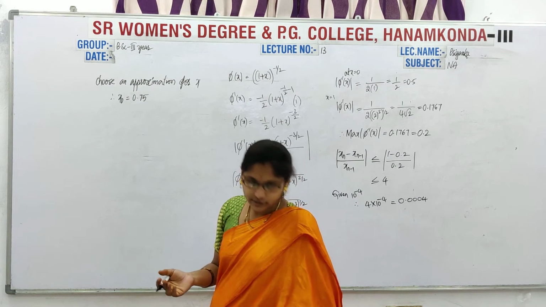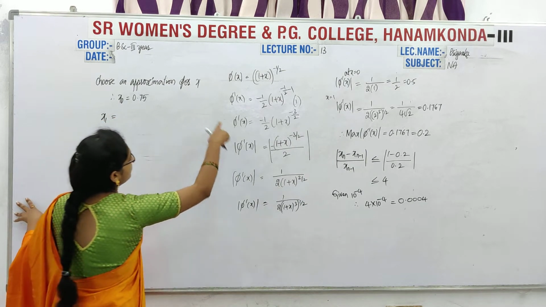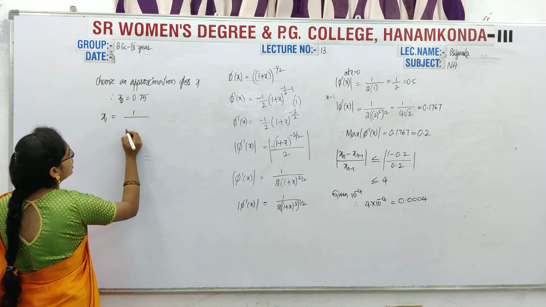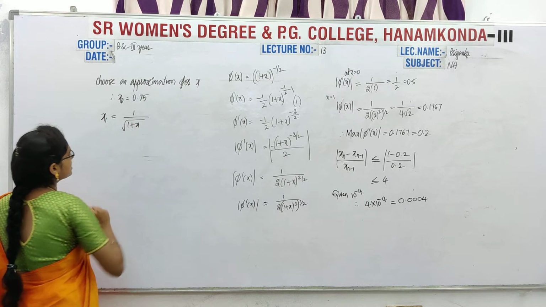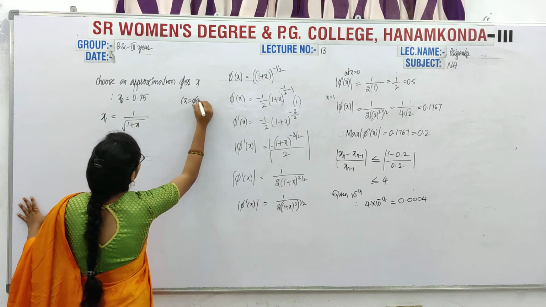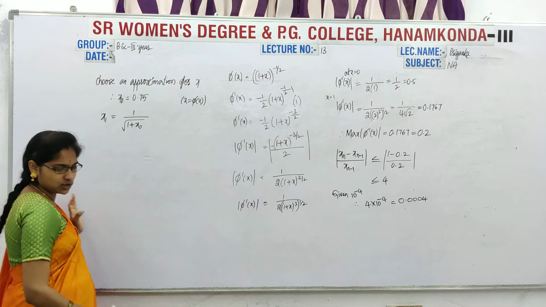Now what we have to calculate? x1. x1 means, where is phi of x? This one. So x1 is 1 by under root of 1 plus x, because here we have to take x equal to phi of x. To find it, we put x0 here.